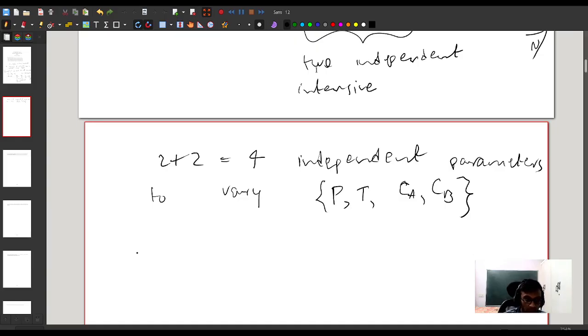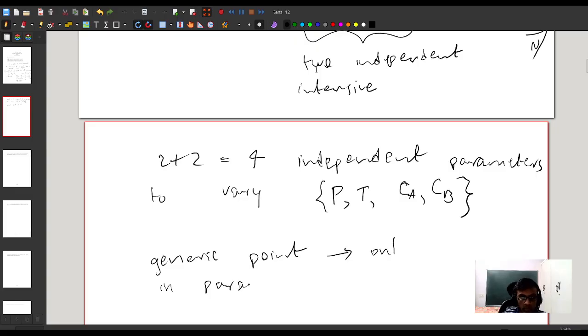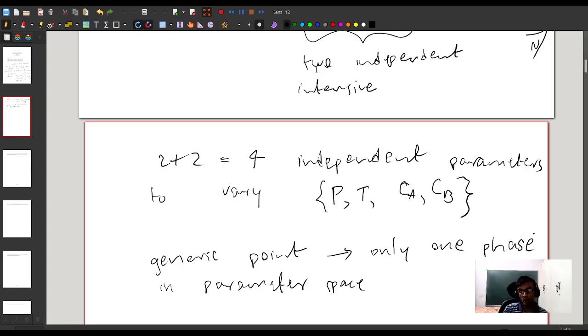So we want to find the dimension of the parameter space, right? At a generic point in the parameter space, we have only one phase. If there are some coexistence lines or surfaces, those are special points, or lines or surfaces.